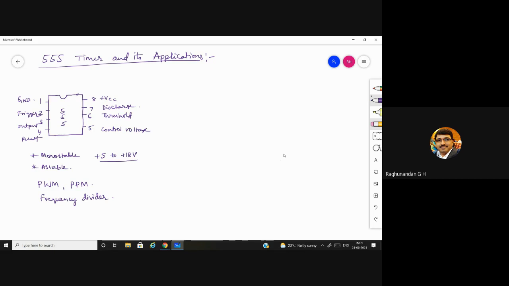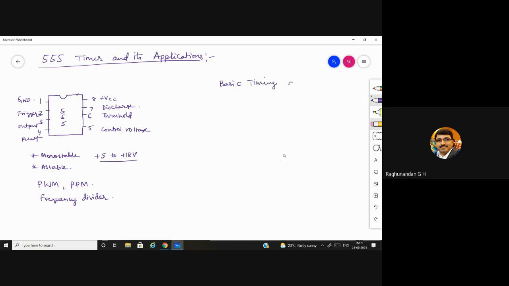Coming to the basic working model of this 555 timer IC, what it actually contains inside and how it works. To understand the 555 timer IC, first we'll understand the basic timing diagram.